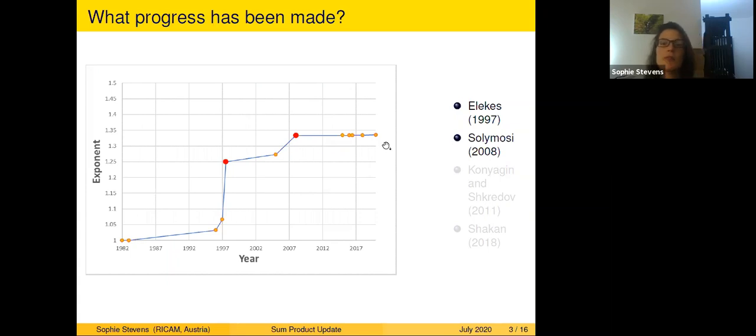And I'll leave it at that for now. And then, Solymosi's 4/3 stood for 3 years, unbeaten until in 2011, Konyagin and Shkredov were able to push a little bit beyond it. So they got 4/3 plus 1/10,000. So this 1/10,000, roughly, arbitrarily, is saying that, well, we can push beyond this threshold.